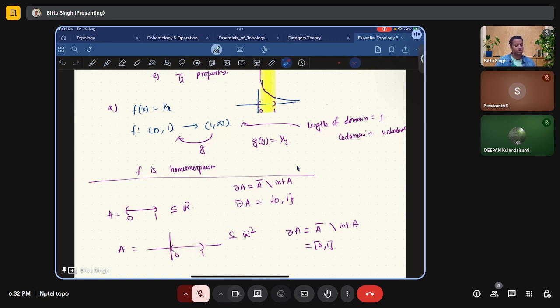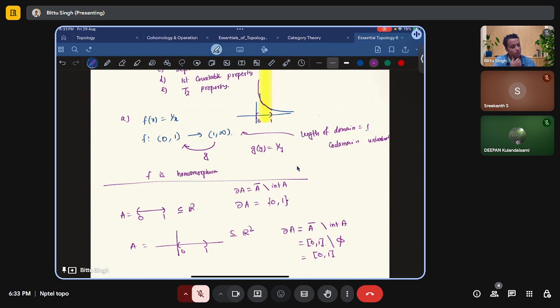There are lots of points which do not belong to this interval (0,1). Therefore, the interior is empty. Closure minus the empty set, so everything will be a boundary point. So boundary is not preserved under homeomorphism.